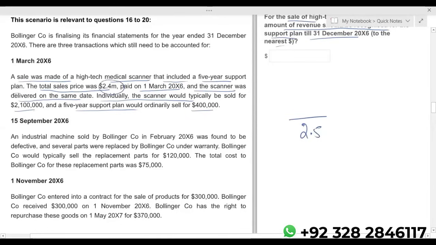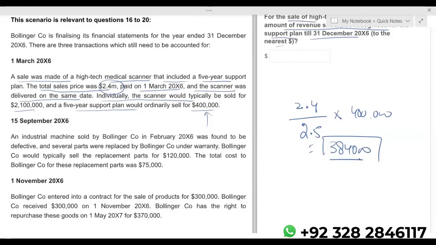We have received the total transaction price of 2.4 million. So 2.4 divided by 2.5, then into 400,000. Logically, the transaction price which relates to this support plan is 384,000.